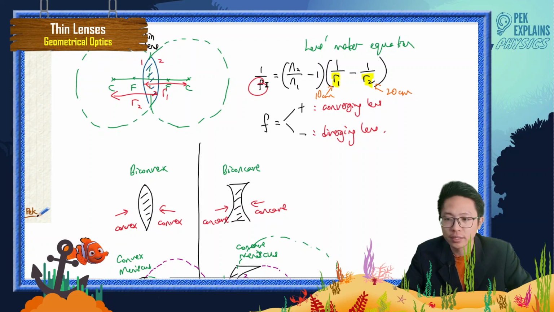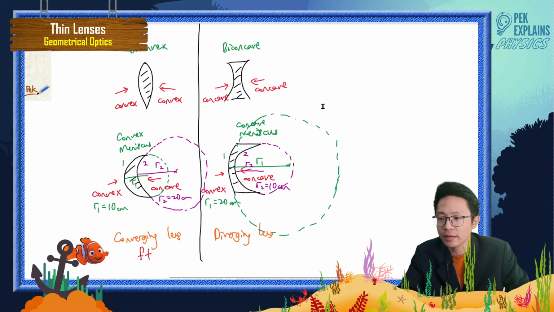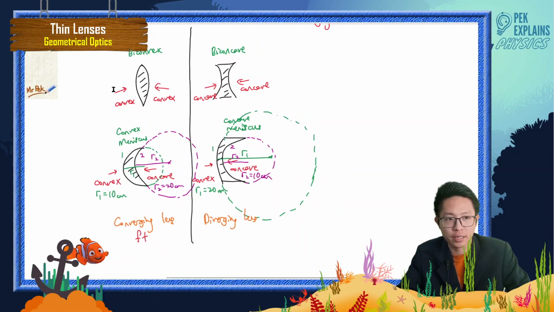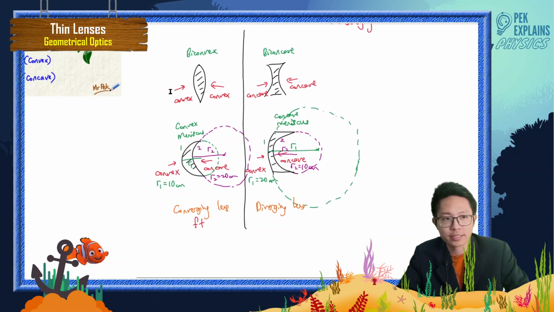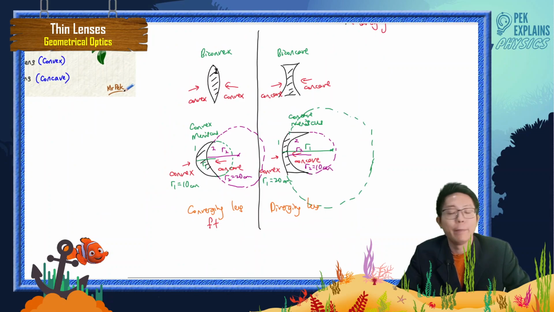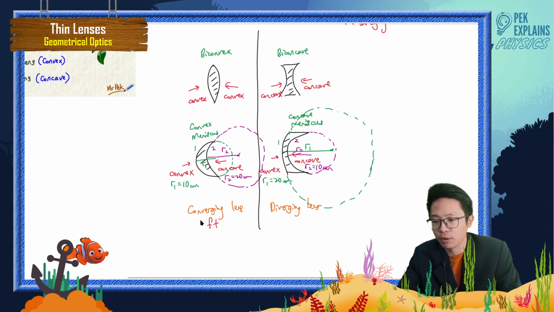When F is positive, it is called a converging lens. For these two, the left hand side, biconvex and convex meniscus, I surely get F positive.